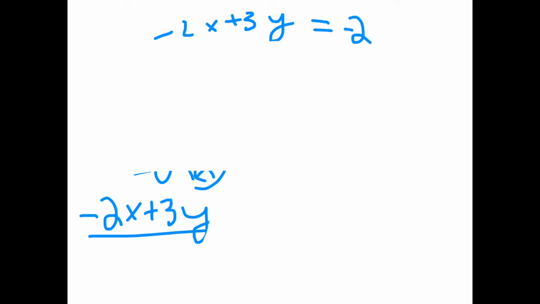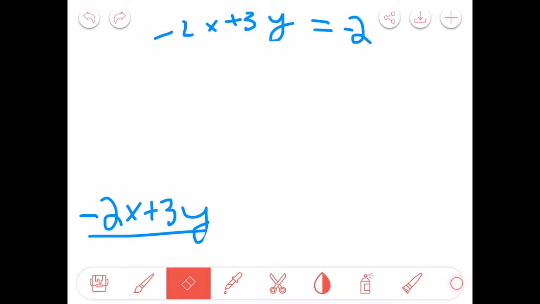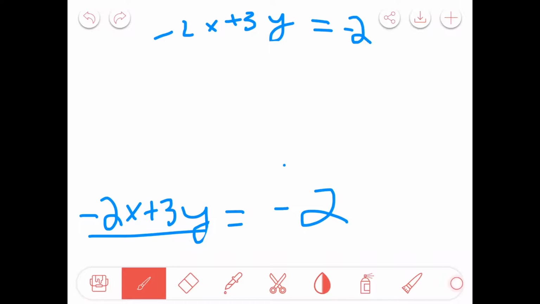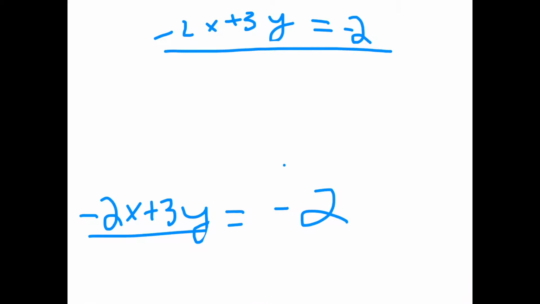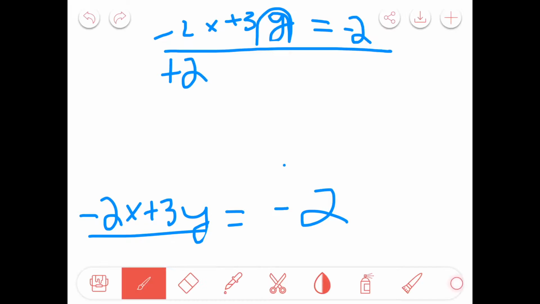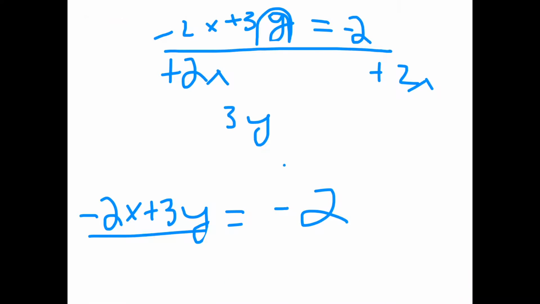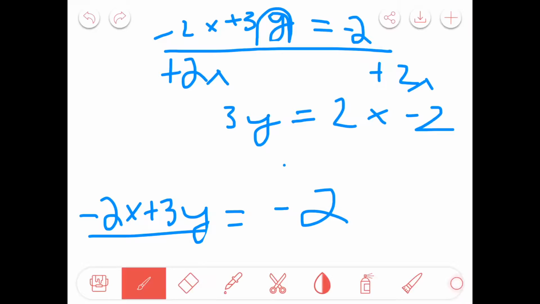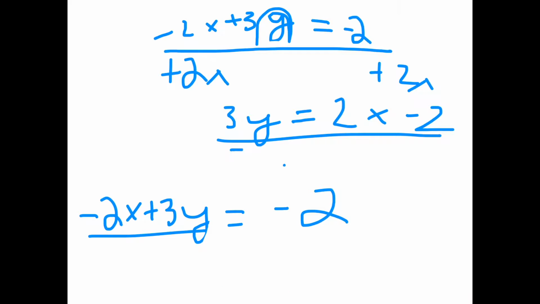Okay, let me just get rid of this so it'll be easier for you guys to see. Now, let's do it up here so we'll have more room. Now, we need to isolate y. So we need to add 2x to both sides. So we get 3y equals 2x minus 2. And you divide by 3, again, like last time, as usual.